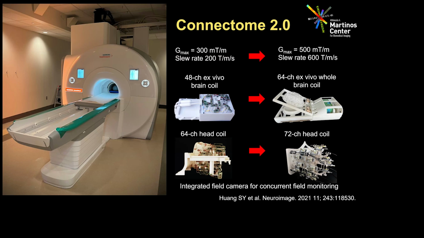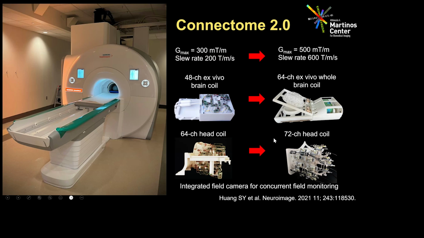So in addition to the gradient coil, following in the footsteps of the original Connectome scanner, we had an array of coils that were built for both in vivo human imaging and ex vivo whole brain imaging, going toward that validation aim of our Connectome 2 project.